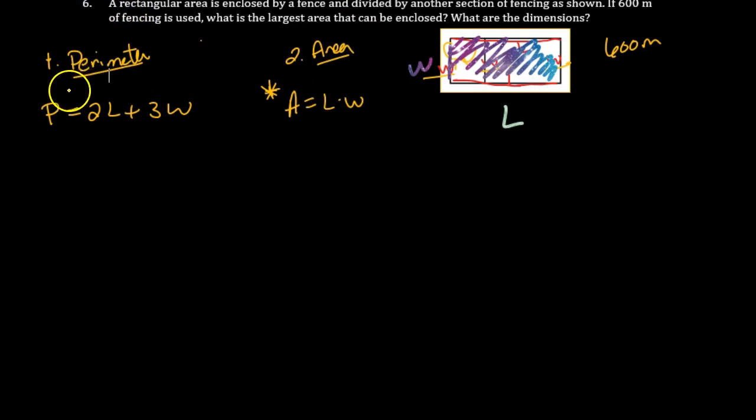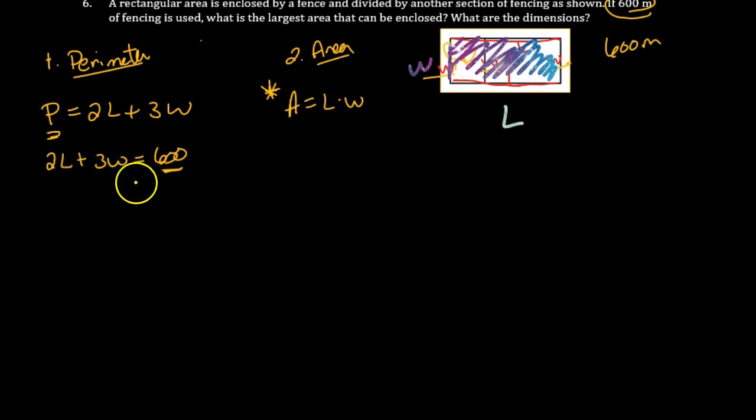And we are leaving out one piece of information, that we have 600 meters of fencing. So if you took twice your length plus 3 times your width, you would have 600. So your perimeter is going to be 600. Do you want to solve for W, solve for L?